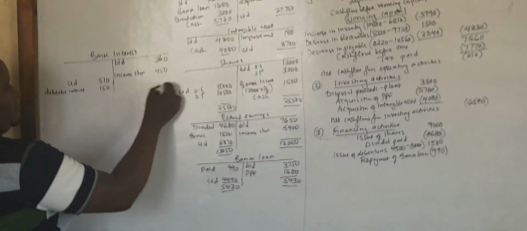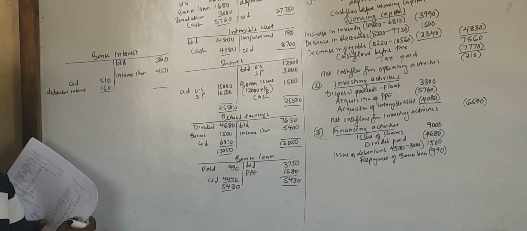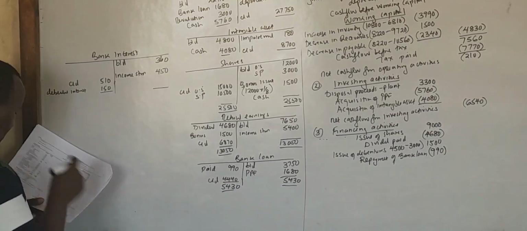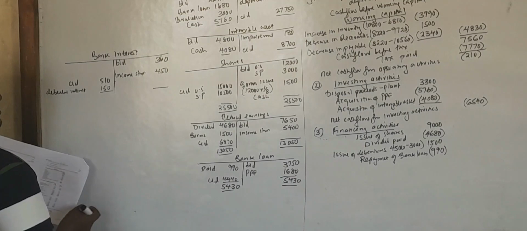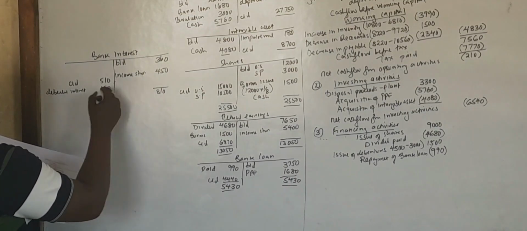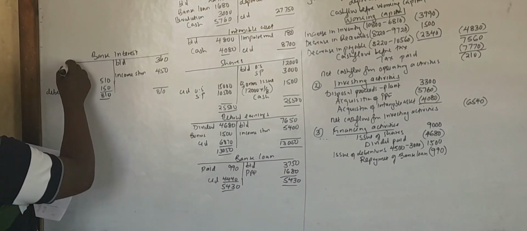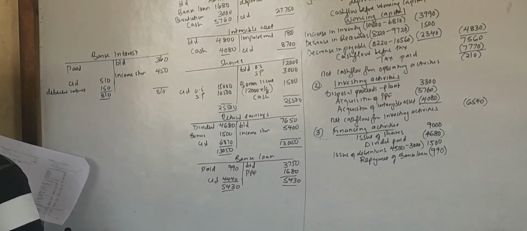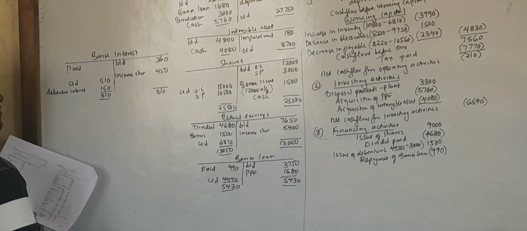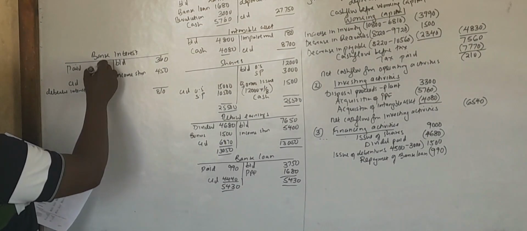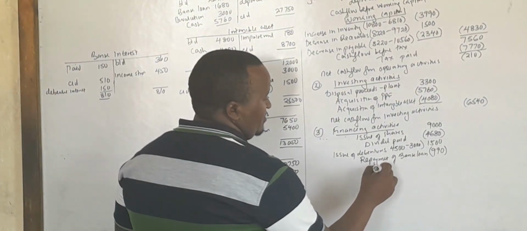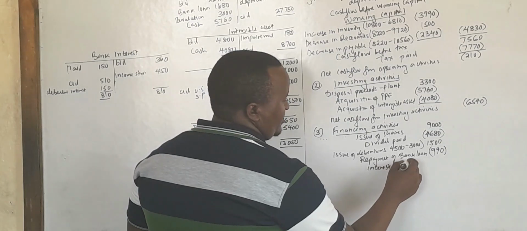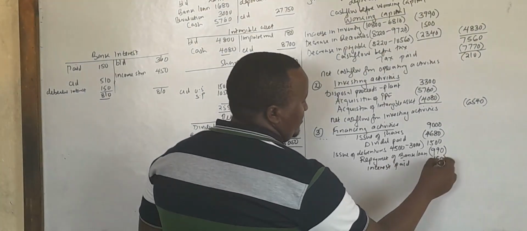So we paid what? And you balance that. This would be 810. So we paid 150. Interest paid or finance cost. Interest paid of 150. I think that's all.